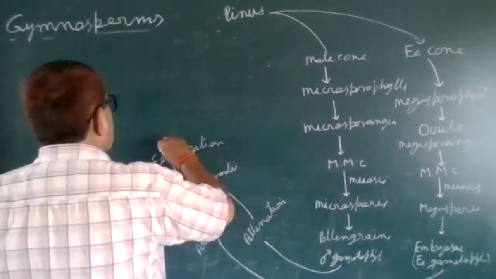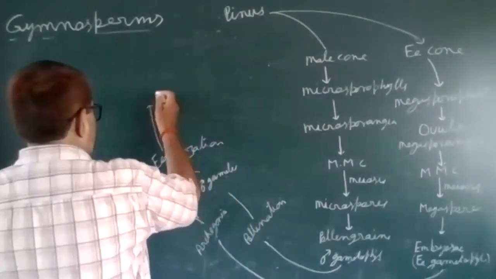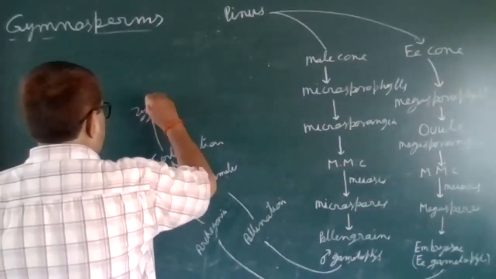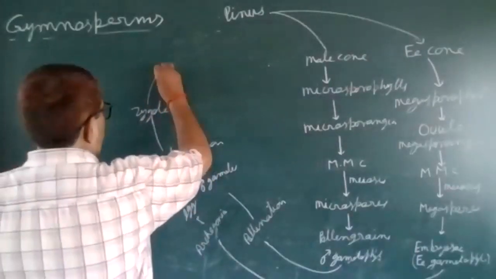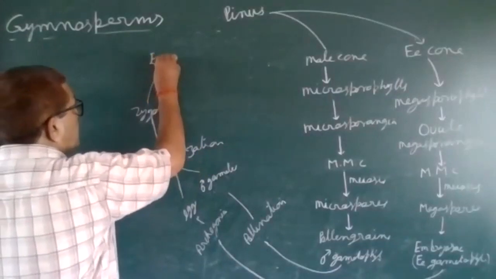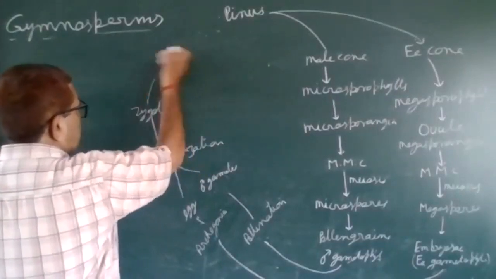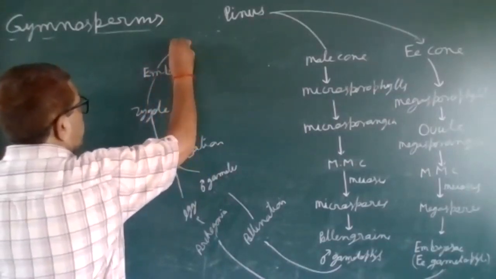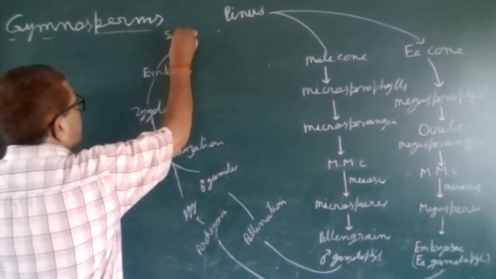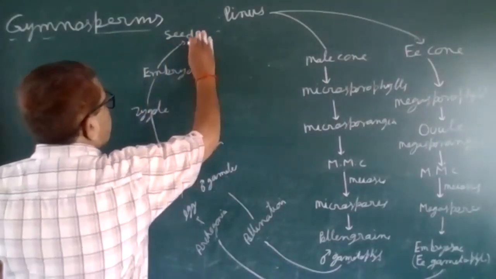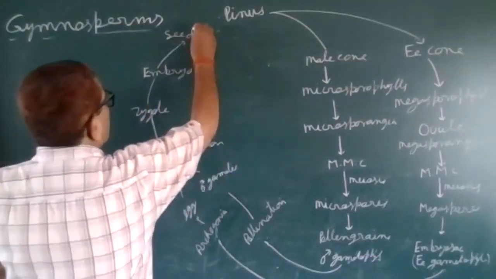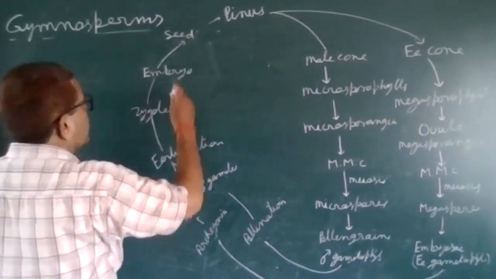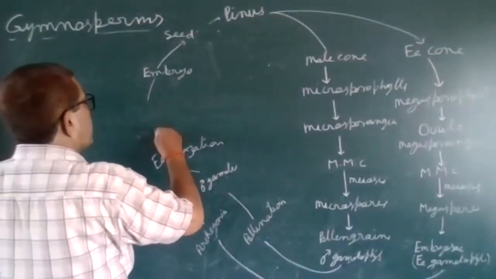After fertilization, the zygote is formed, and the zygote ultimately produces the embryo, and they ultimately produce the seed, and the seed germinates to produce the pinus plant.